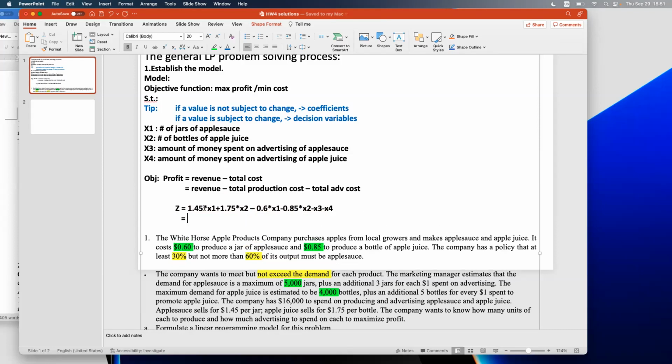We got two terms involved with X1, so we simplify that times X1 plus 190 times X2 minus X3 and minus X4. So that's our final objective function.